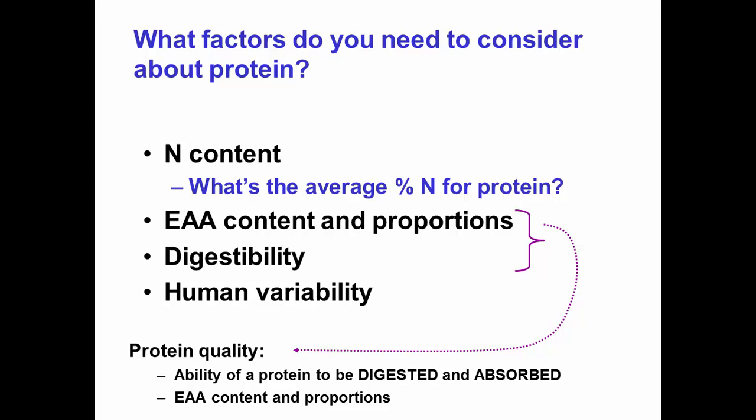And then we also have to think about human variability, because humans vary in terms of a number of factors that affect their requirements and their ability to digest and absorb. Can you think of any of those factors? What kind of human factors can influence requirements for protein and the way we digest and absorb?